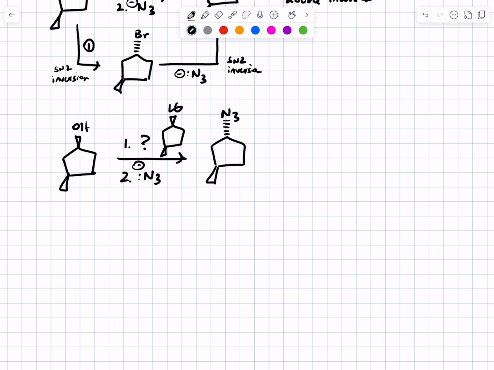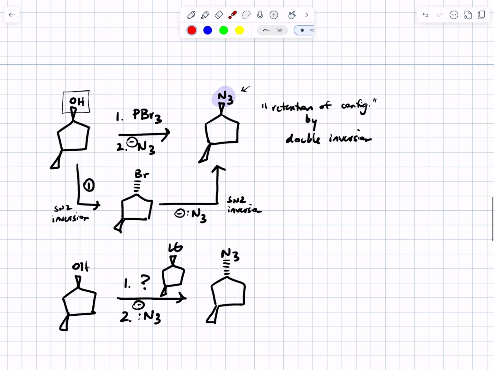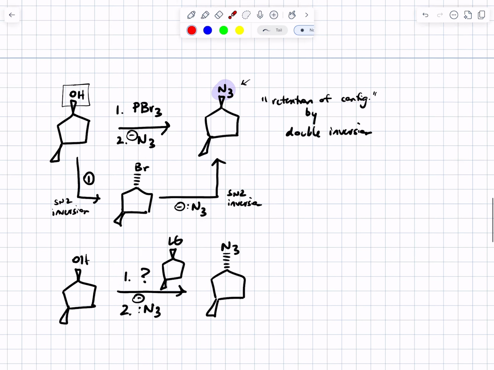Yep. But don't we want retention of configuration, or does it not really matter? Sorry, so I'm setting all of this up by saying getting this retention of configuration by double inversion is pretty straightforward.